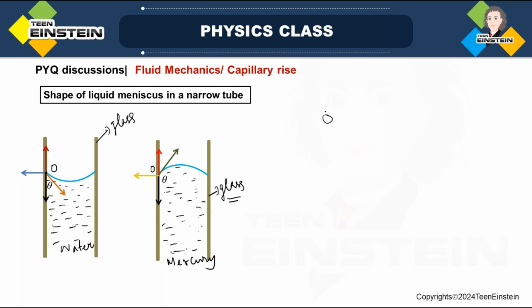If the molecule is acted upon by equal amounts of forces in the up and down or this side, so if there is a perfect balance, then only this point will stay at this position, otherwise there will be some translational motion, right? So since this point is fixed or stationary over here, this molecule O, there must be a balance of forces. So at equilibrium, how are the forces getting balanced by each other? Let us try to understand.